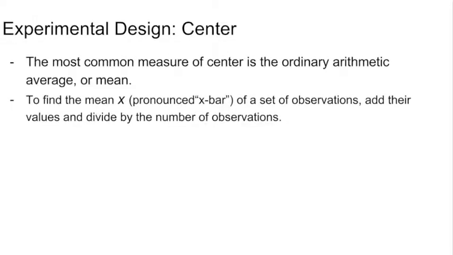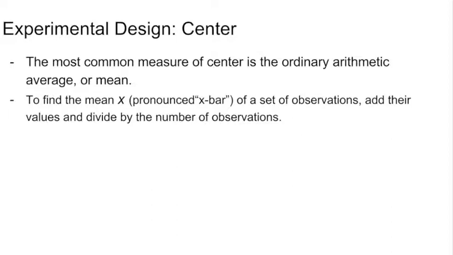Moving on to center, this is when we find the mean of the data. The most common measure of center is the average, or the mean. When we find the mean, we take all the observations, add up their values, and divide by the number of observations.